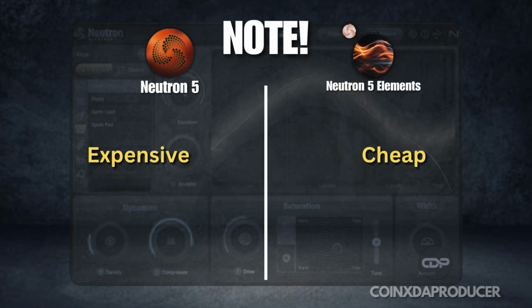And when it comes to price, they are different. Neutron 5 is more expensive, reflecting its advanced tools, while Neutron 5 Elements is cheaper and even comes free in some iZotope bundles. So whether you are a beginner looking to level up your mixes or a pro searching for the ultimate mixing solution, there is a version of Neutron 5 for you.